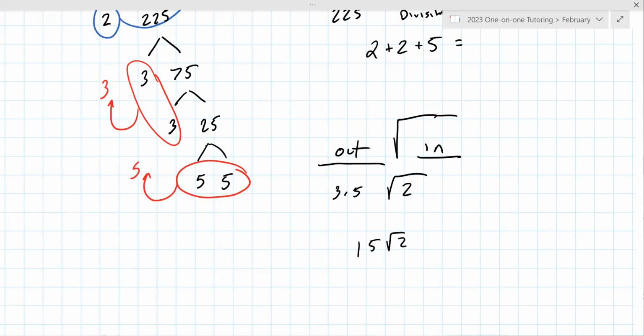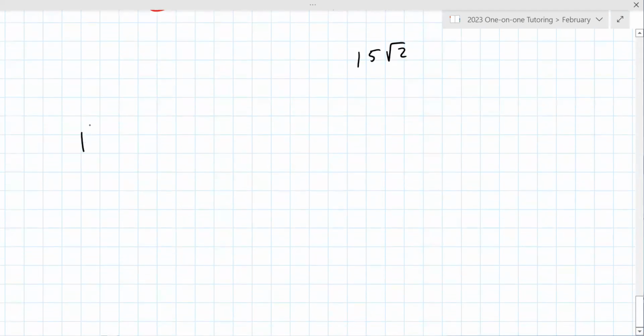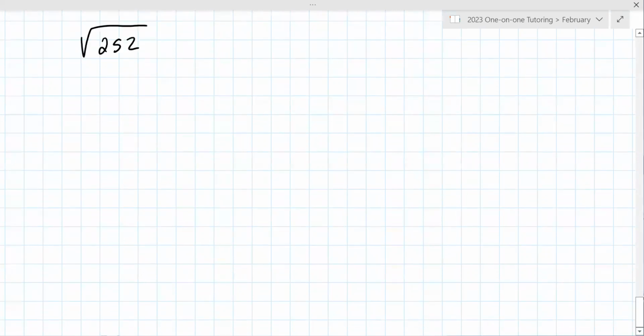All right. Let's try another one here. Square root of 252. Do you want to try this one on your own? Okay. Build your factor tree. Let me know if you have any questions.